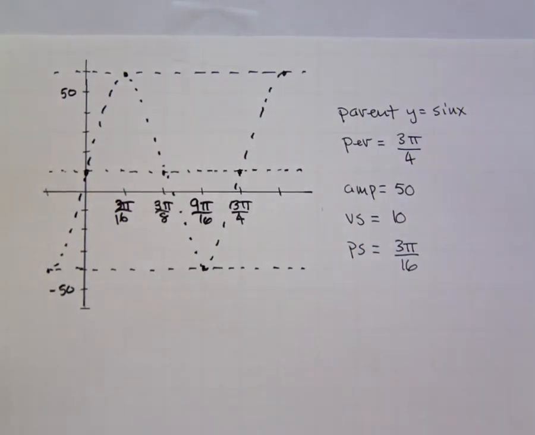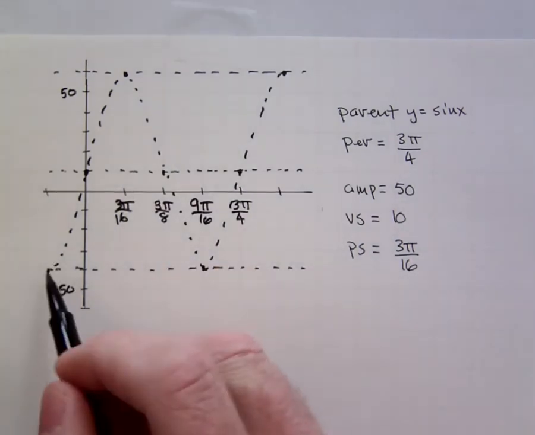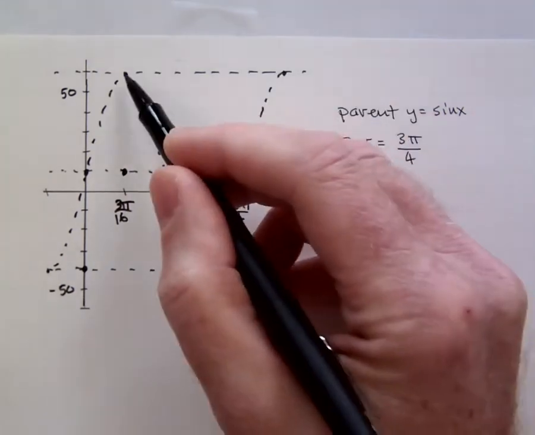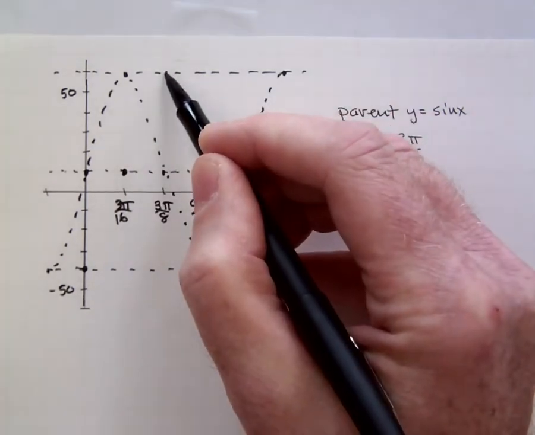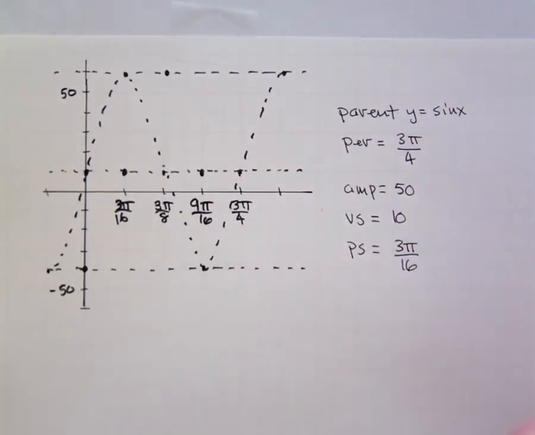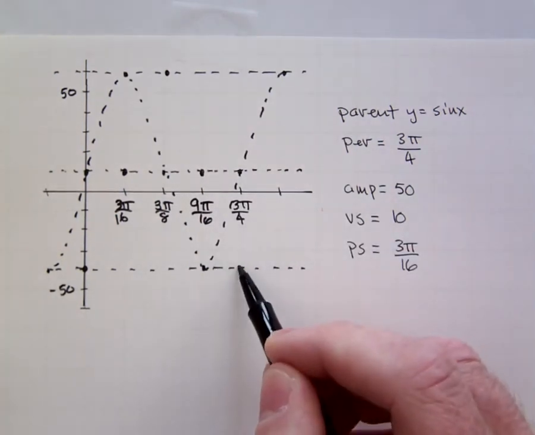So the phase shift now is 3 pi over 16, and conveniently that's a quarter period. So all I really need to do is to take these key locations that we identified previously and just move them all the appropriate distance to the right, which is 3 pi over 16.